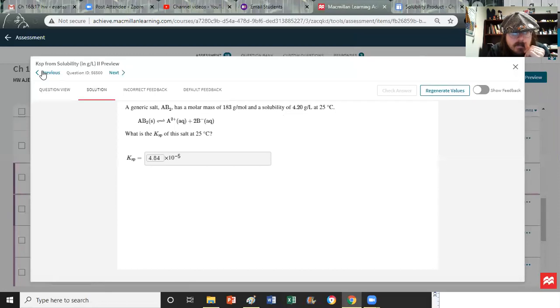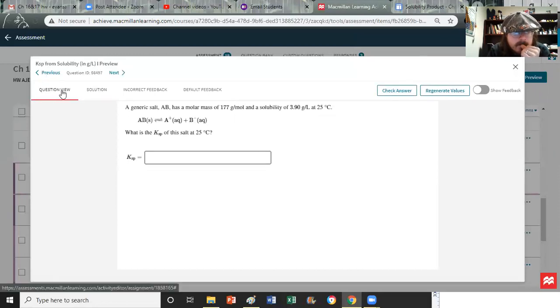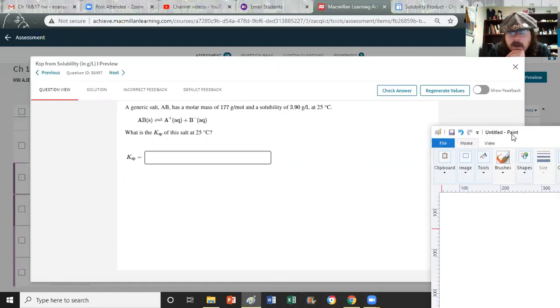Looking back at this one, I think I just got a whole new set of numbers, but that's okay. It's not a problem. The idea here is you want to find out what concentration dissolves.